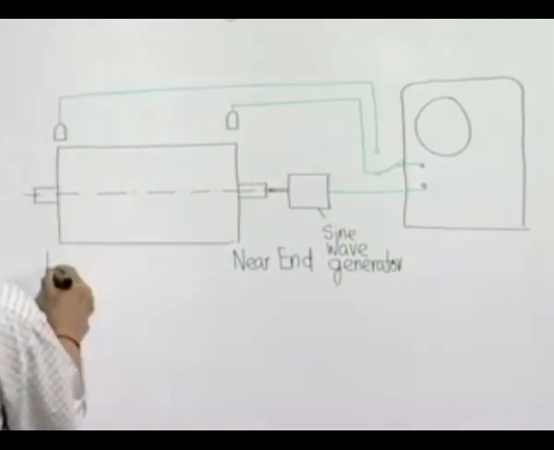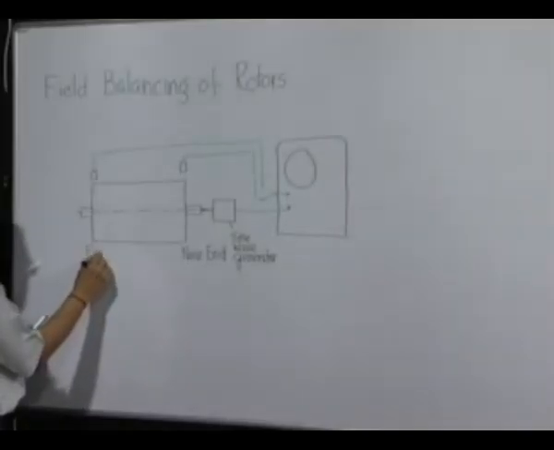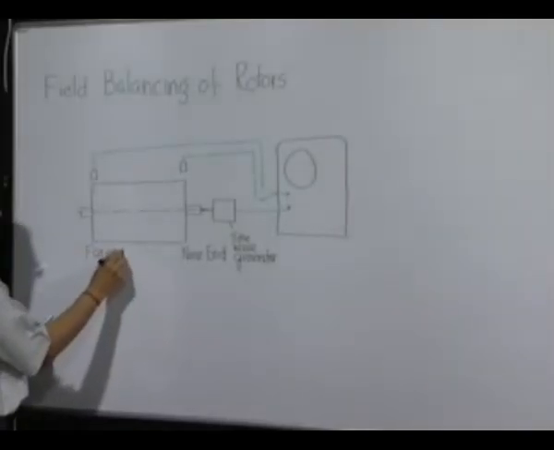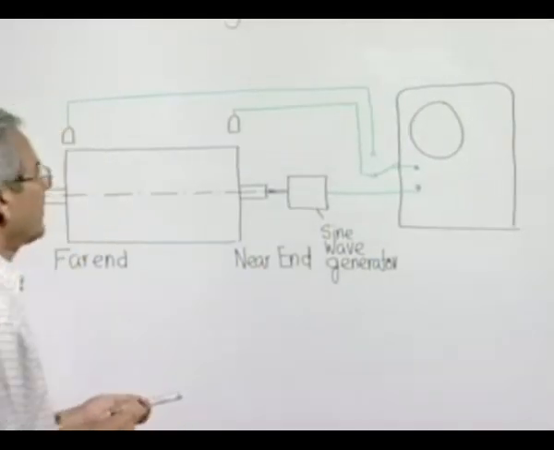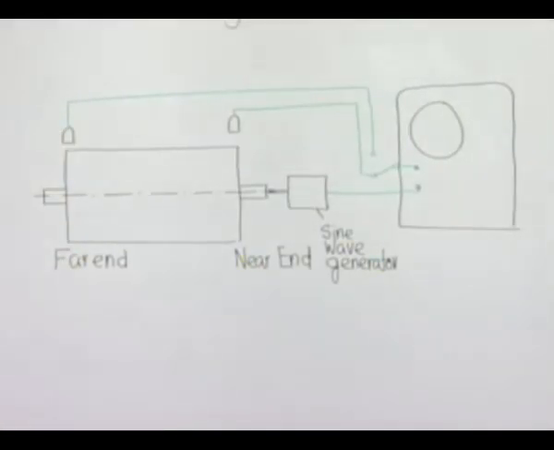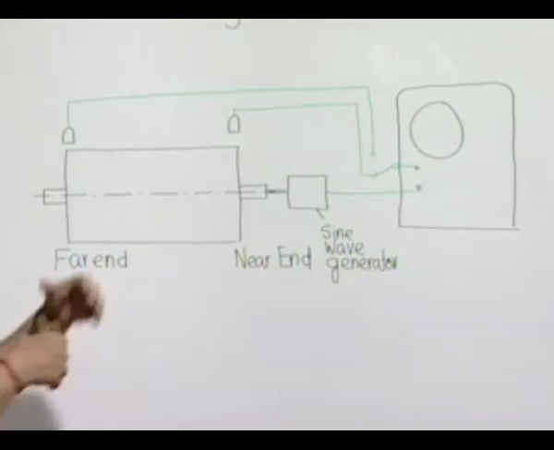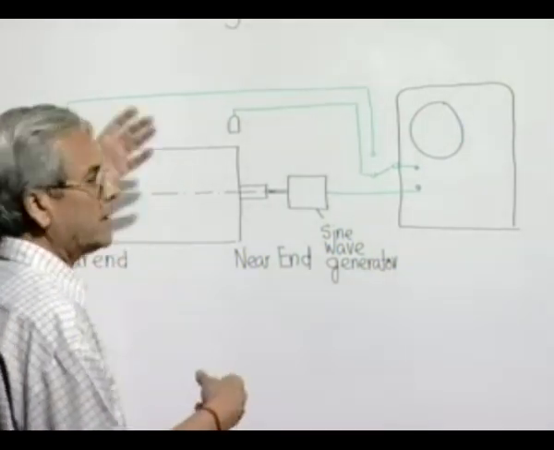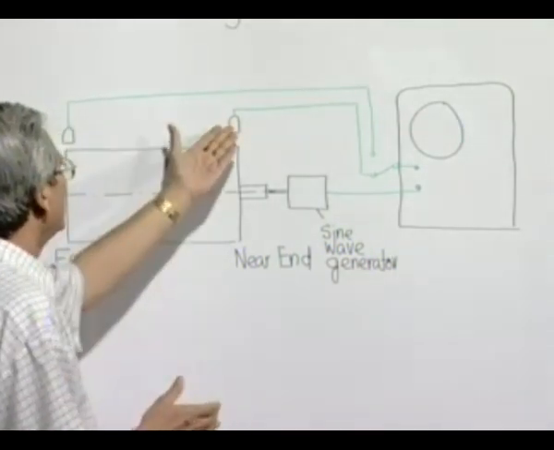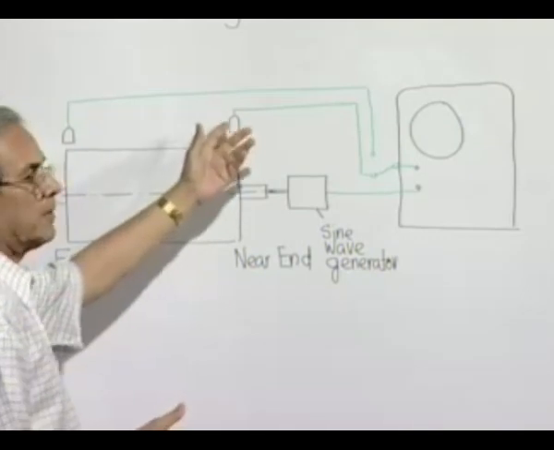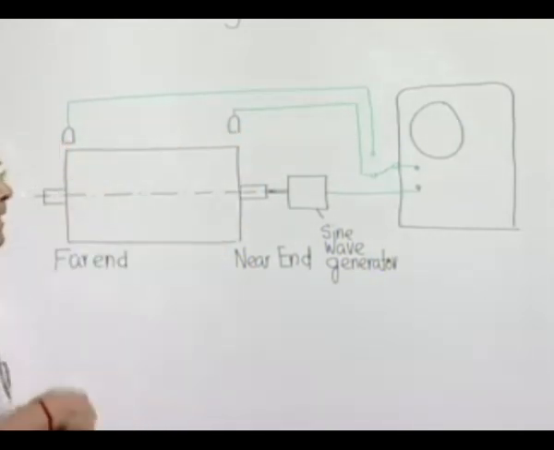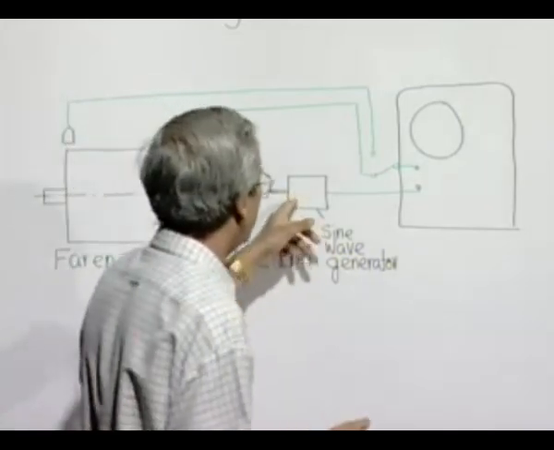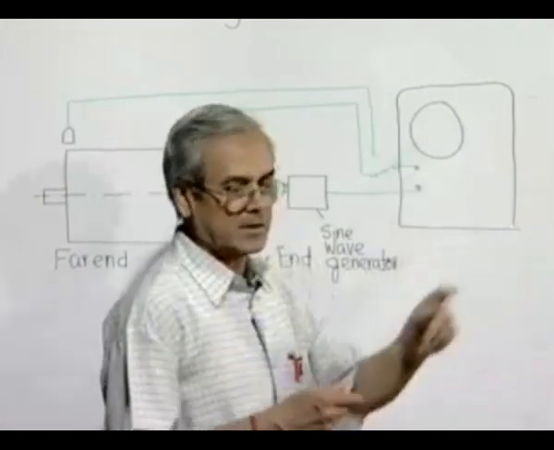And this is called the far end, and this is the far end pickup. Now, as before, we can rotate the rotor at sufficient speed so that we get measurable vibrations through the pickups at the near end and far end, and at the same time the sine wave generator produces a reference sine wave.